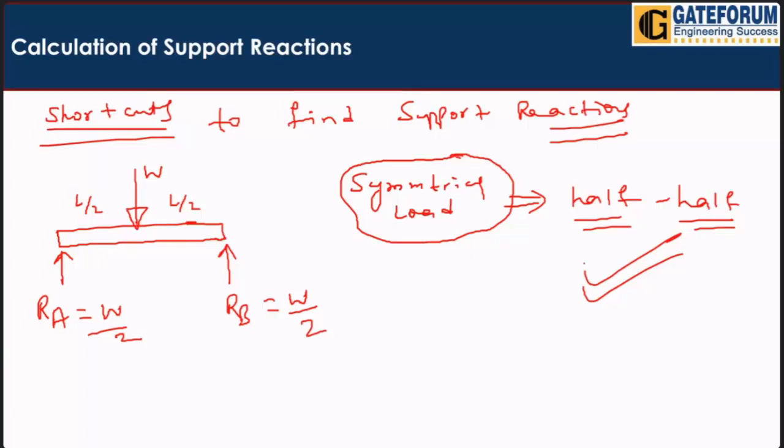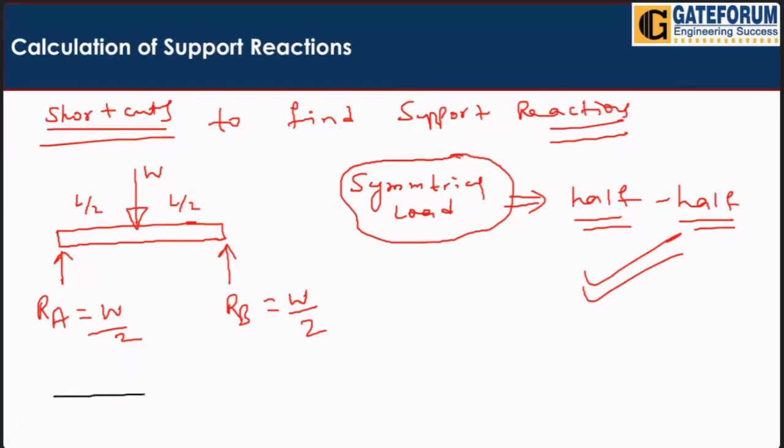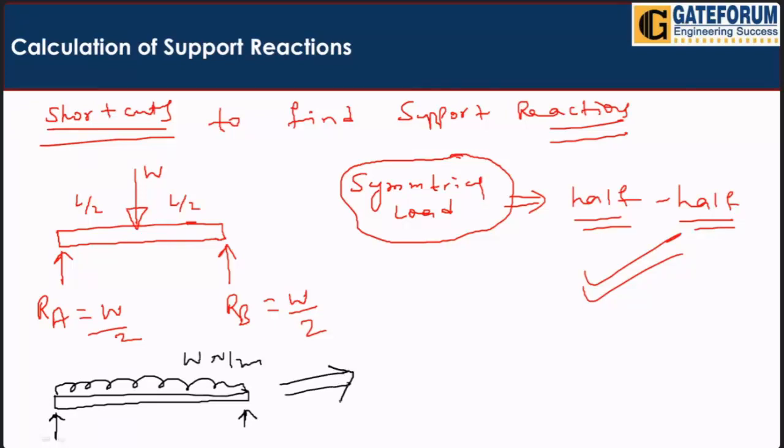Suppose we have one more type of loading. Let's say here we have one UDL of W Newton per meter, with support reactions RA and RB.